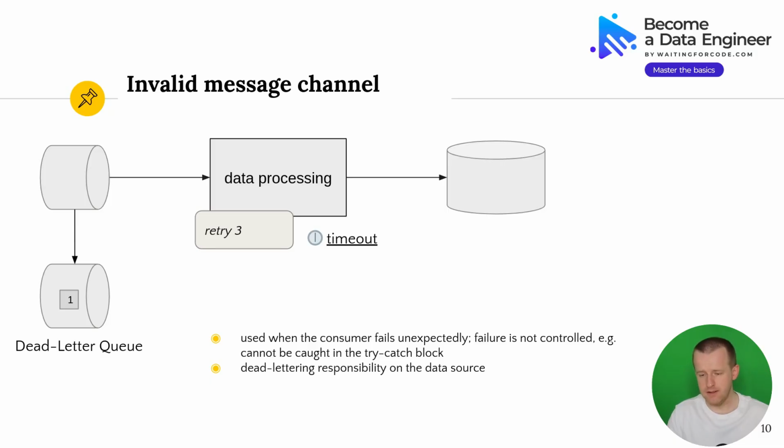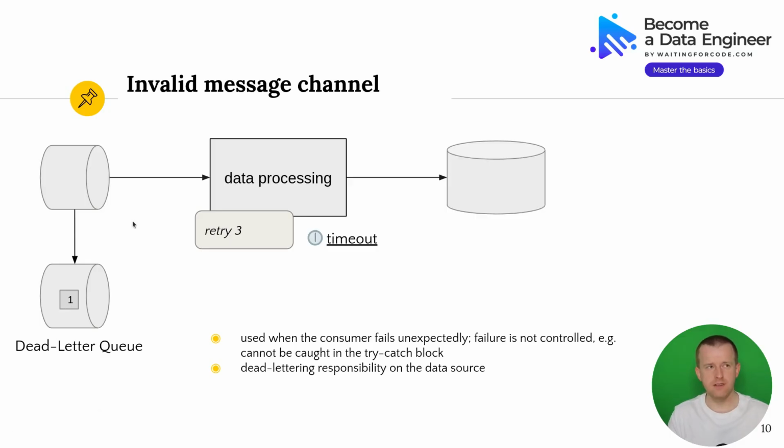The delivery timed out, and the producer writes this invalid record to some dead letter queue on its own. So remember, for the previous approach, the dead letter queue delivery was on that side. Here it is the responsibility of the data source.